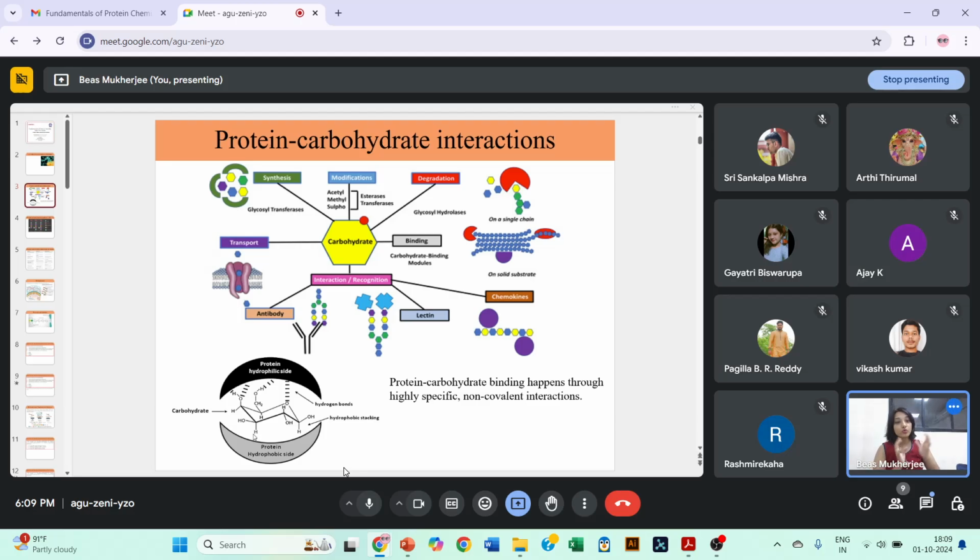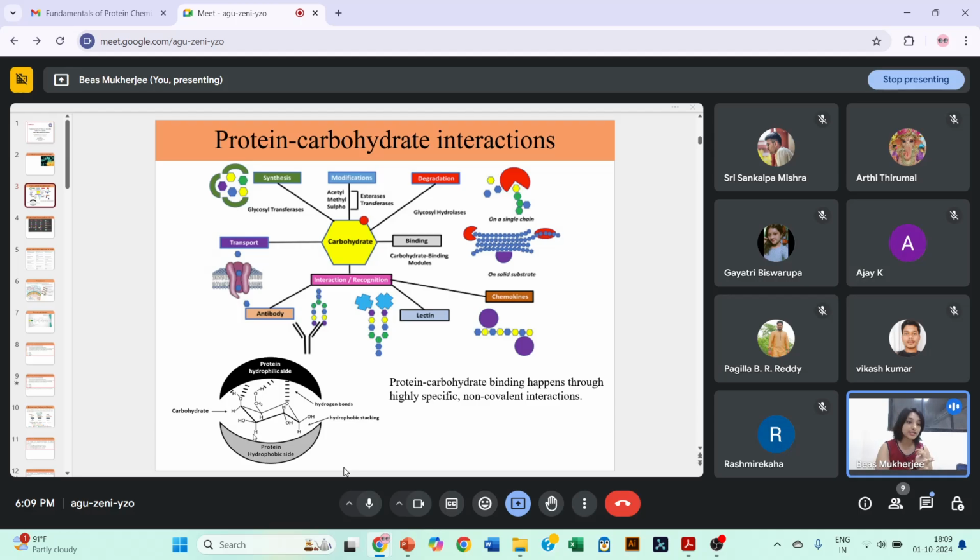Now, how do protein and carbohydrate basically interact? Just like protein-protein interaction, there is a lot of specificity involved sometimes. There can be stereospecificity, that is, a particular protein binds to a particular carbohydrate moiety only when there is a particular arrangement of the chemical bonds.